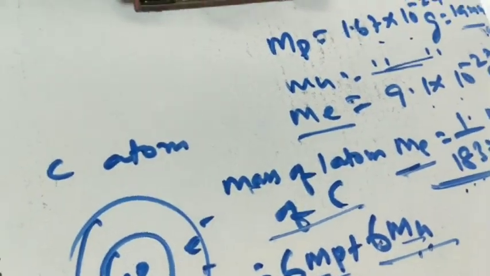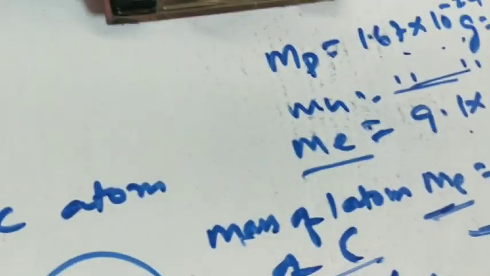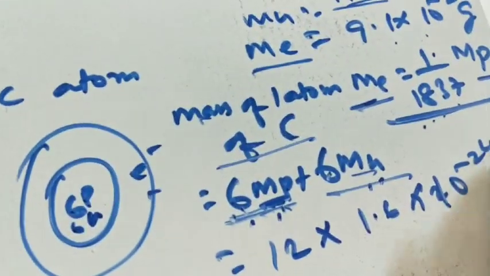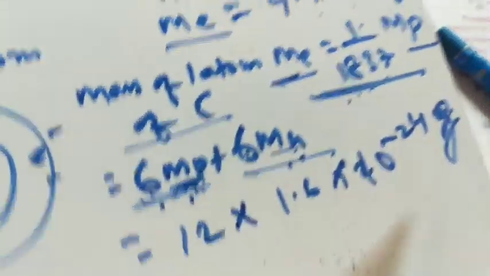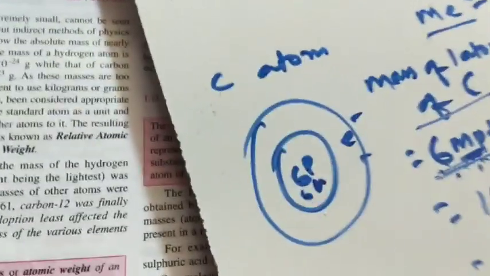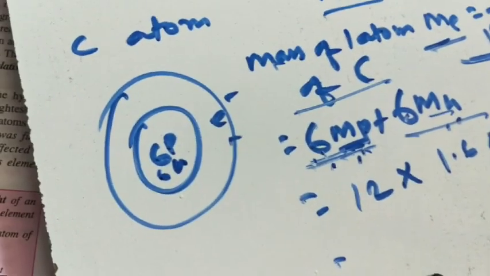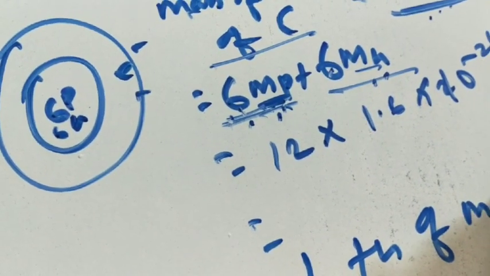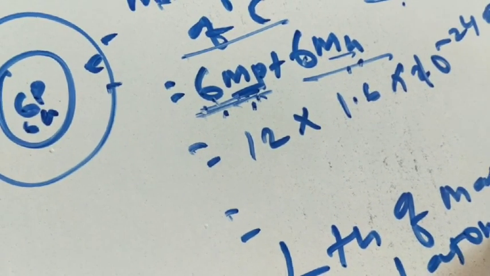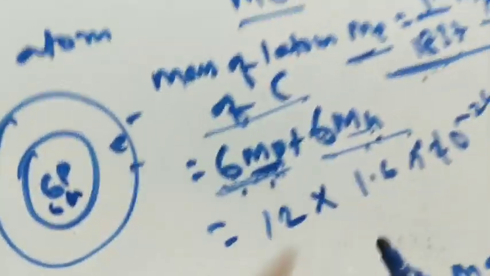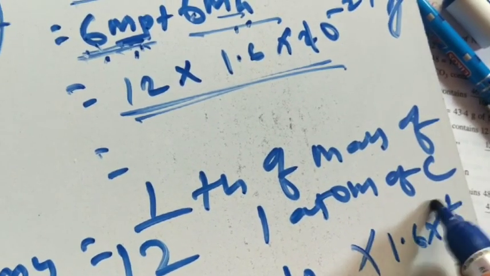So 6 plus 6 is equal to 12, and the mass of a proton is 1.6 into 10 to the power minus 24 gram, so the mass of one atom of carbon is 12 into 1.6 into 10 to the power minus 24 gram.